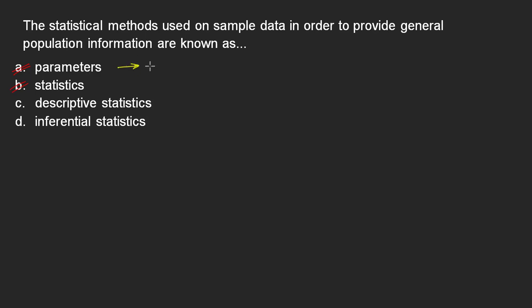So a parameter is a property of a population, and a statistic is a property of a sample.